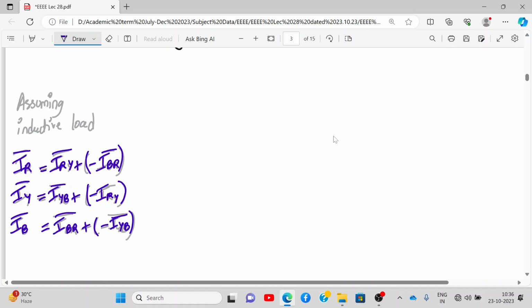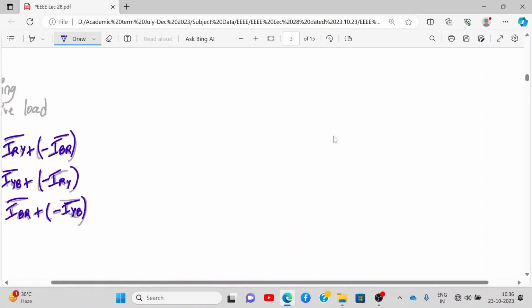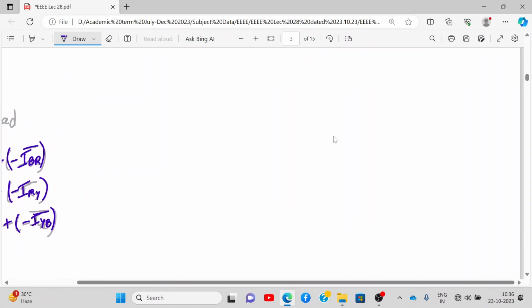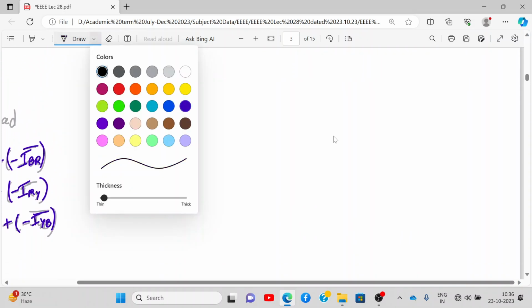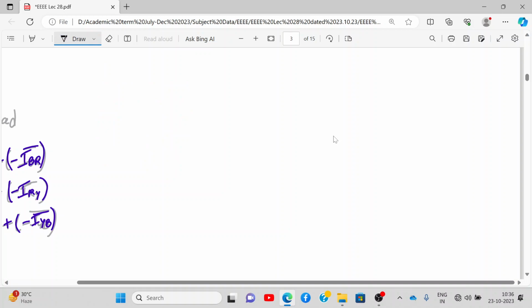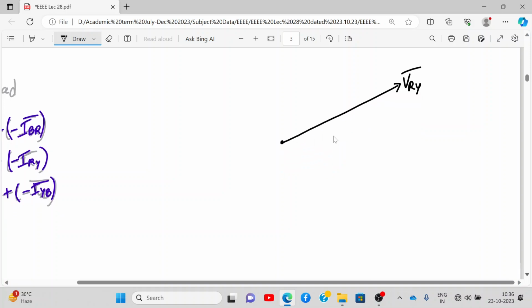So over here, again, first we have to draw the phase voltages, the three phase voltages. So please draw VRY. Now there's a line voltage actually. We first draw the line voltages over here. Phase voltage and line voltage is the same over here, right?